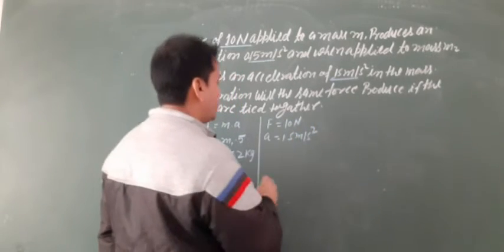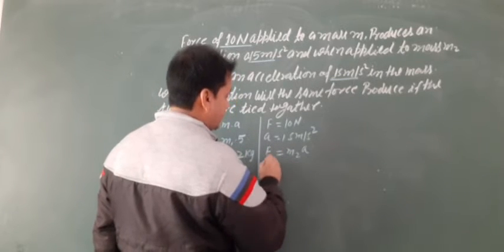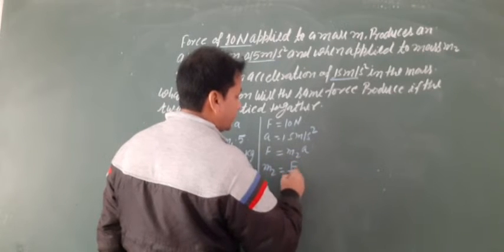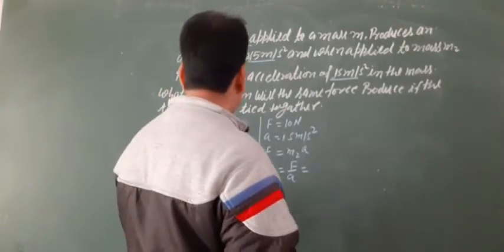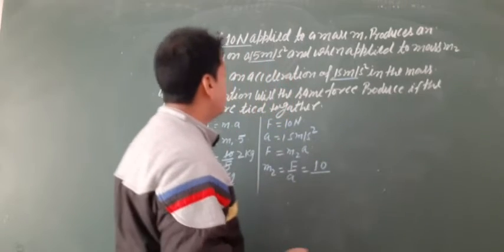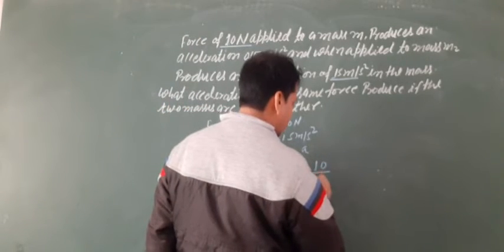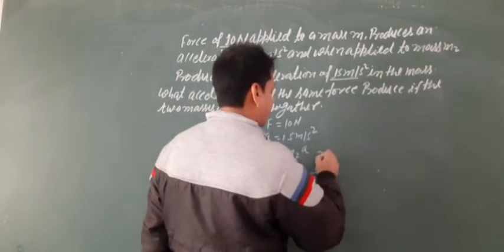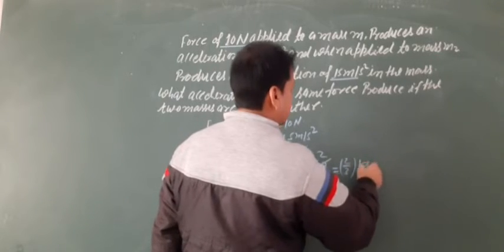Then by the formula F equals m into a, the mass of m2 is equal to F by a. So the force is given here, that is 10, and the value of acceleration is 15 meter per second square. 10 by 15, then 2 by 3 kg.